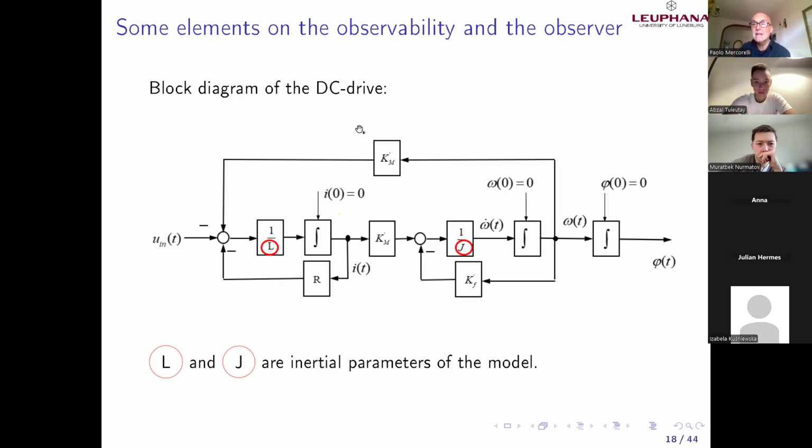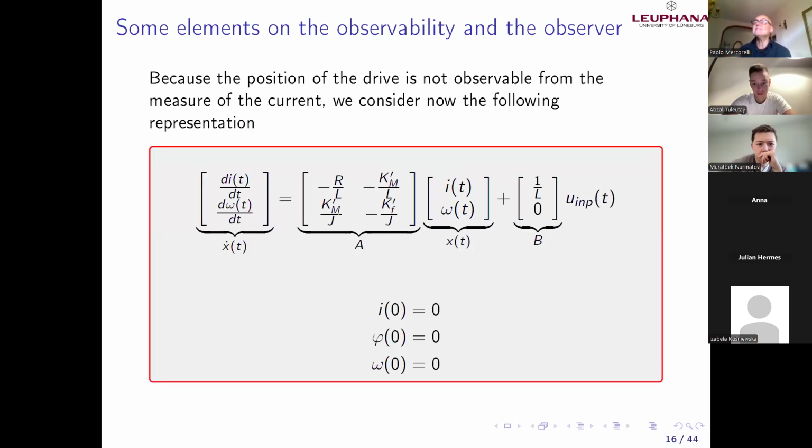This means in an observer, if I don't measure phi, I don't need phi. This is very important to reduce the dimension of the matrix, because reducing the dimension of the matrix will reduce the calculation load. We will see it is extremely important in the practical realization of the observer. The dimension of the matrices reflects the number of equations, which should be the smallest possible, because we pay the price in terms of calculation load, in principle.